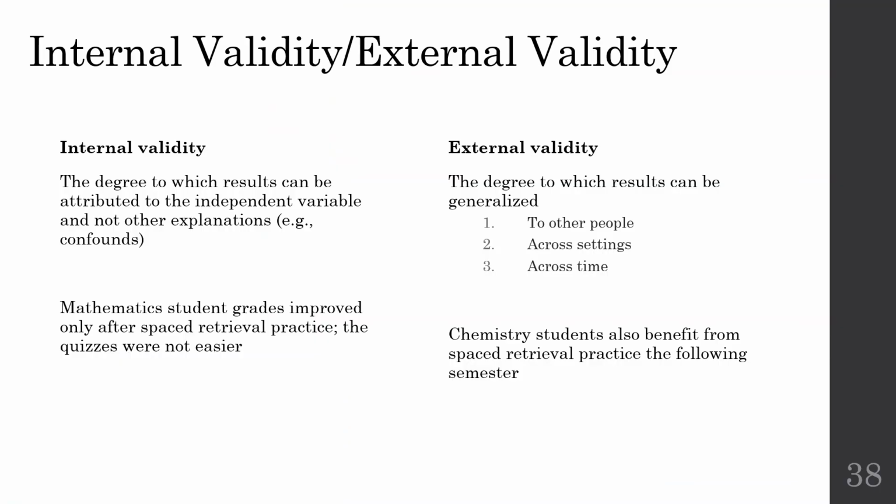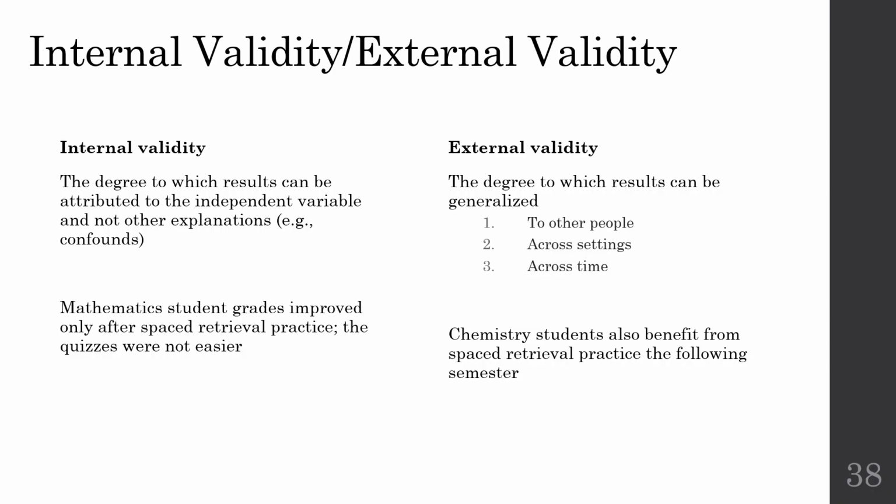All right, so first and foremost, we need to talk about the difference between internal versus external validity. So internal validity is really the idea that whatever it is that we're measuring, whatever variable that we are looking at, if it is internally valid, that means that it measures what it is intending to measure, right? So in this example here, you see mathematics students' grades improved only after spaced retrieval practice.